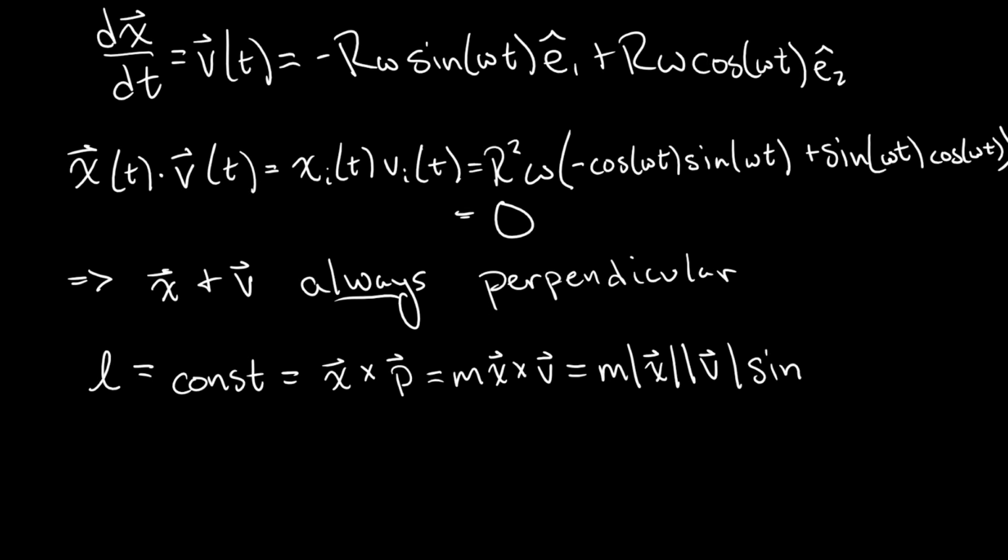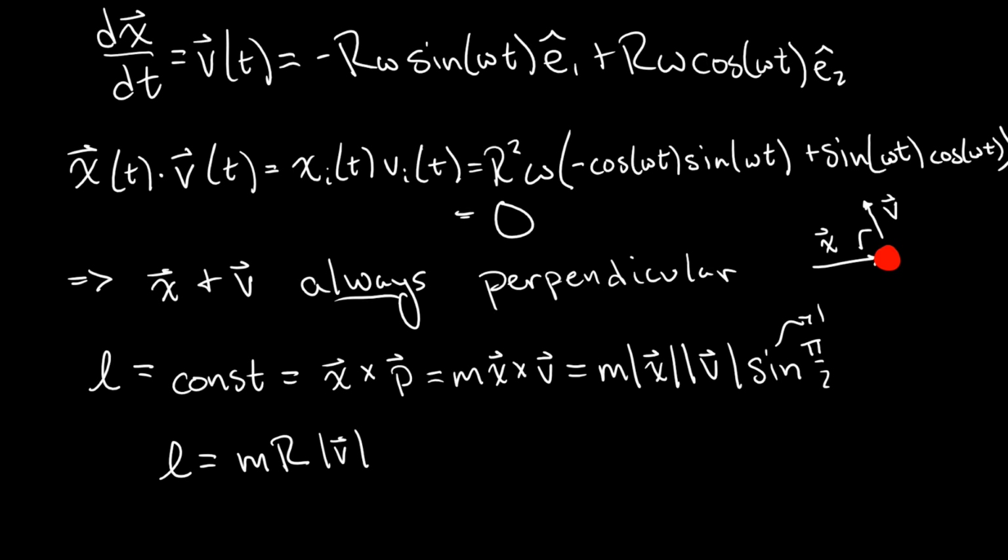But since they're always perpendicular, I'm always going to have something like this, where this is my position vector and my velocity vector is always at a right angle with respect to that, so that's pi over 2. And this guy is just 1.